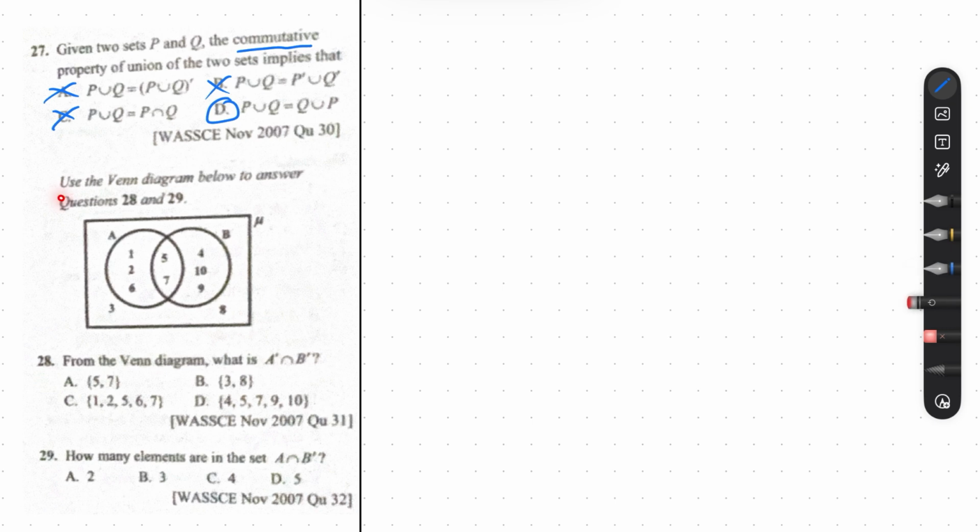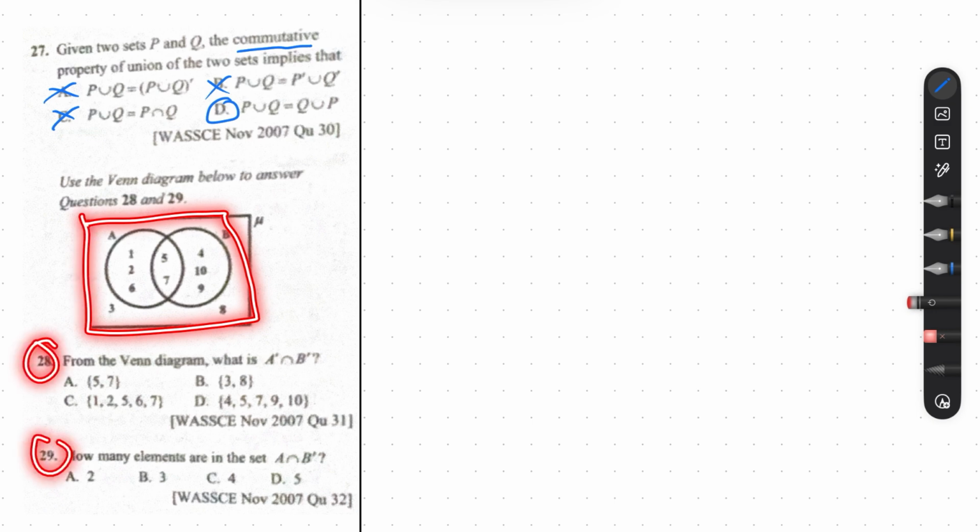It says use the Venn diagram below to answer questions 28 and 29. So you're supposed to use this to answer this and this. Okay, let's go to the first question. It says from the Venn diagram, what is A complement intersection B complement?